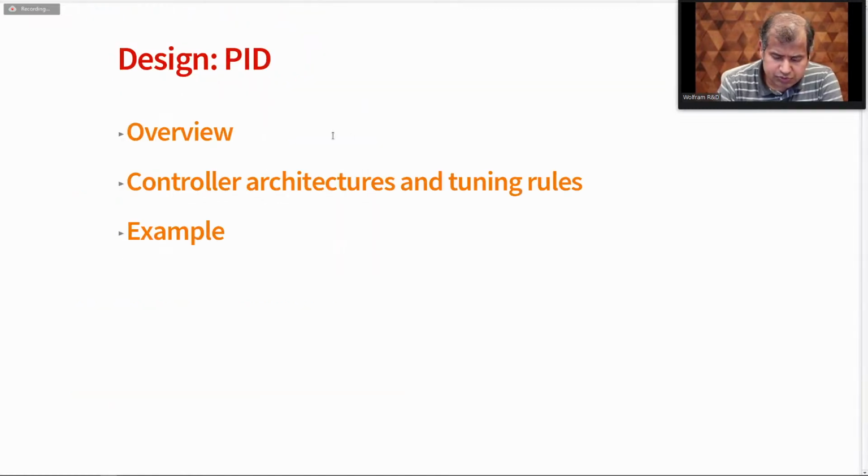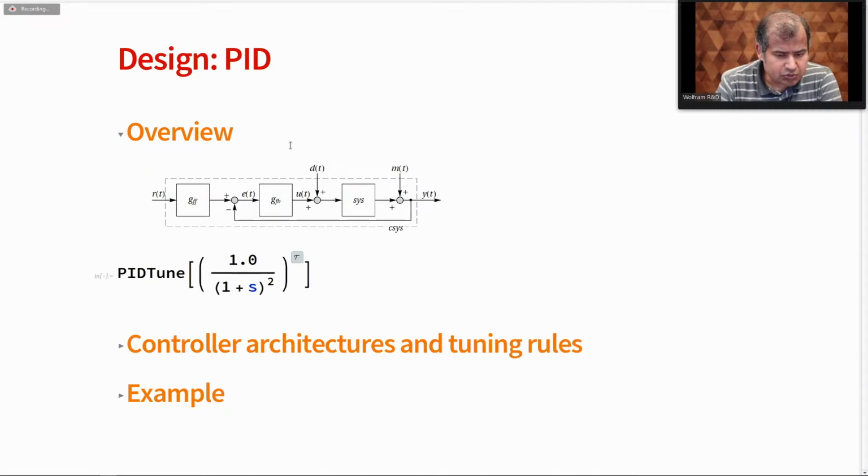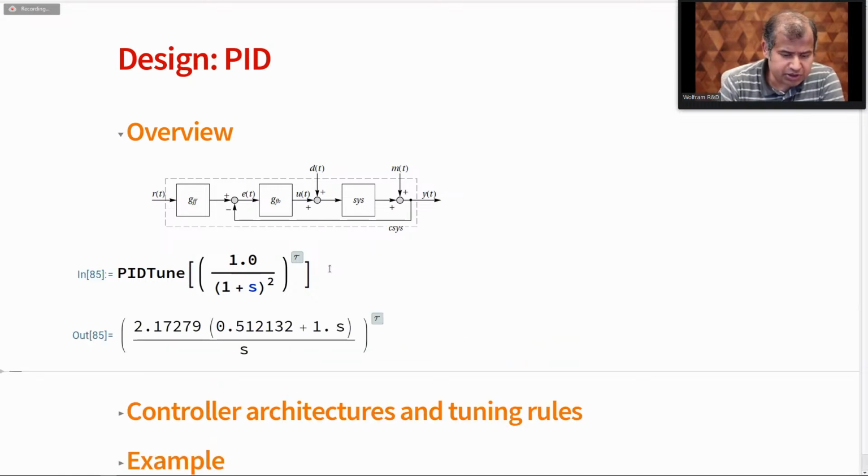Okay, now, so far we've been looking at modeling and analysis. So let's look at some design functions. Okay, so this is the summary of how a PID controller will work. We have the system, and it's highly automated. If you just give PID tune of that system, it will compute this controller, GF, the feedback controller, and return that.